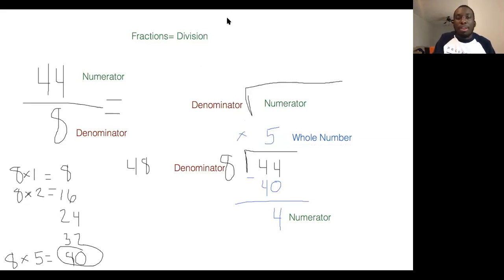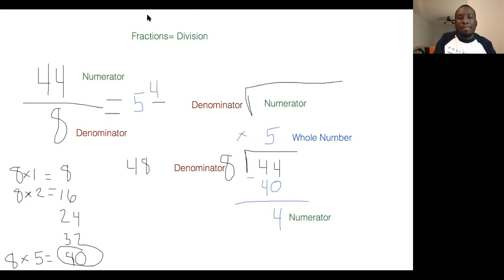So now my new mixed number is 5. My numerator, make sure it's in green, is 4. Make my fraction bar in black.